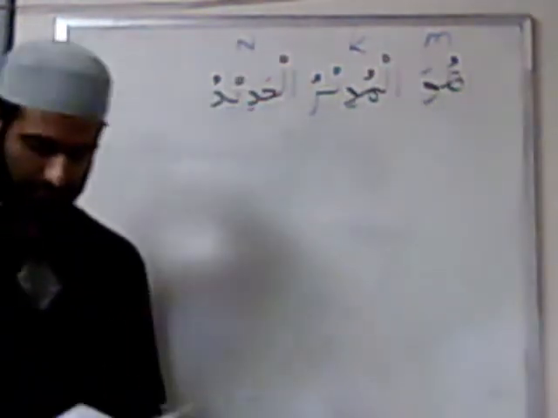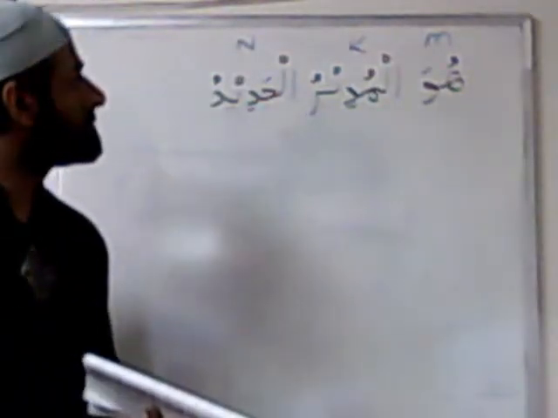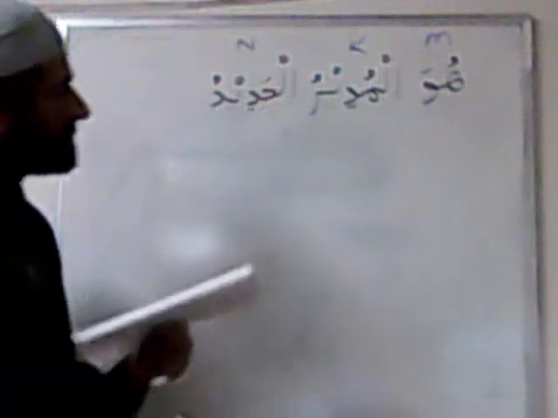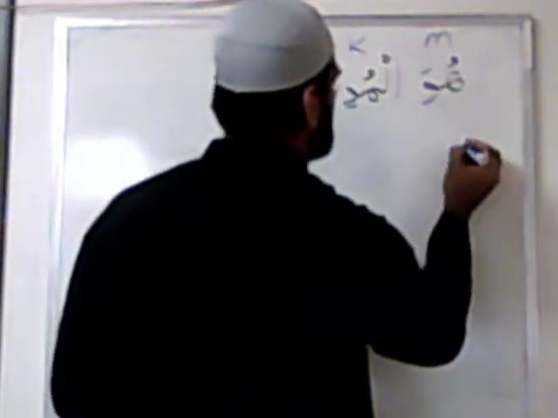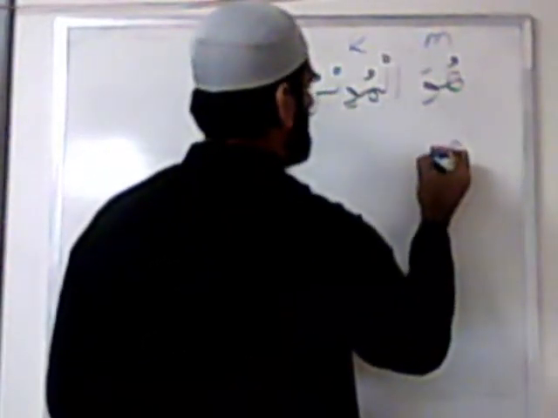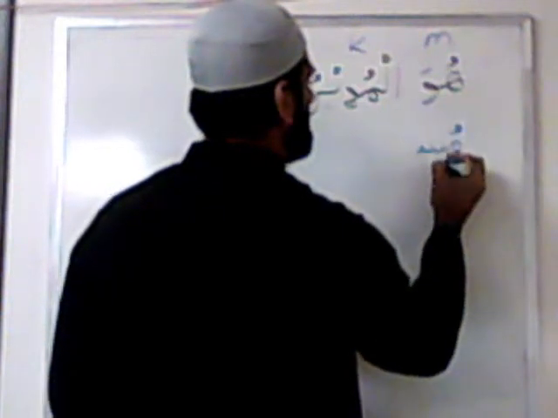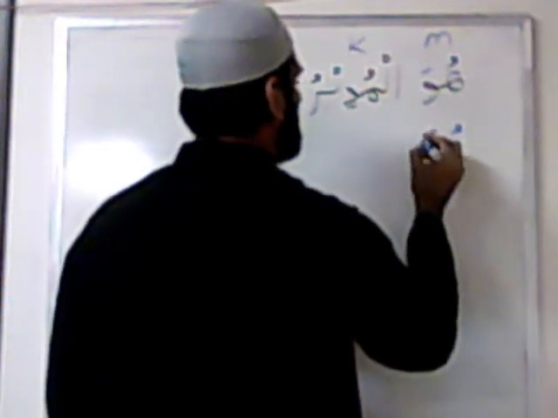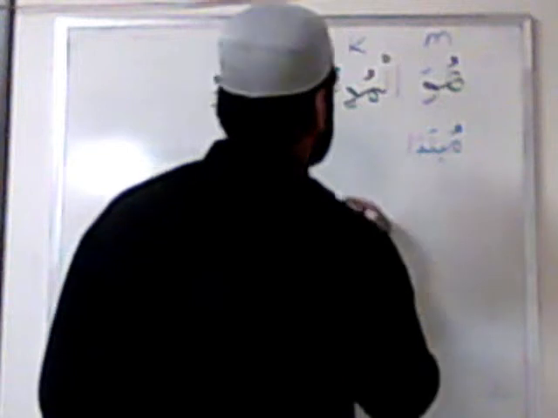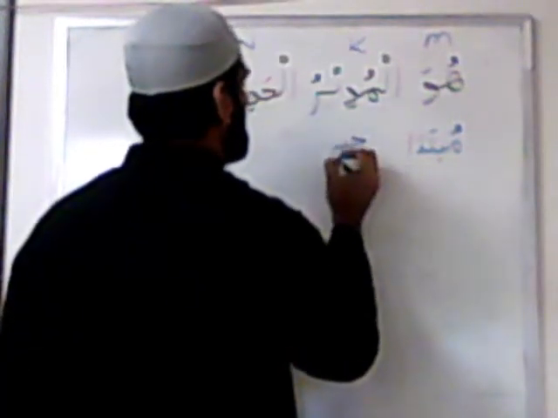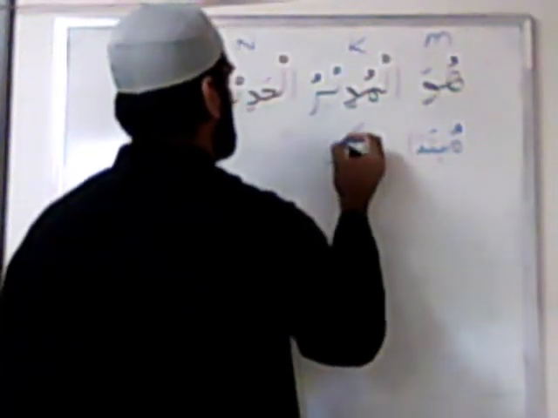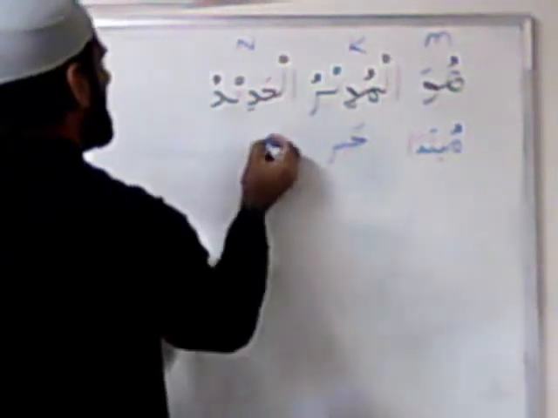Okay. Could you write down the MKM, spell it out here? Yeah, sure. So you have mubtada, you have khabar, and you have the naat.